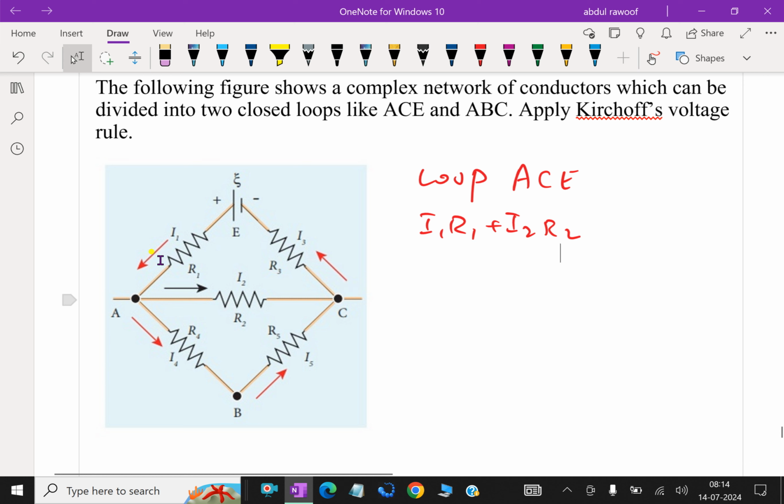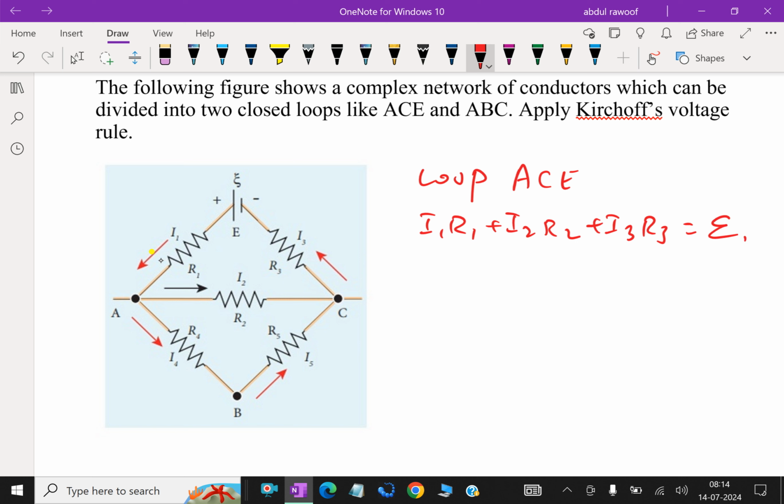This circuit is closing, like plus I3 R3 is EMF 1. Let it be EMF 1.